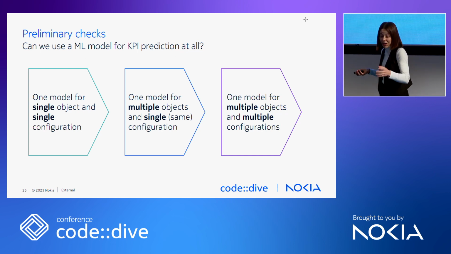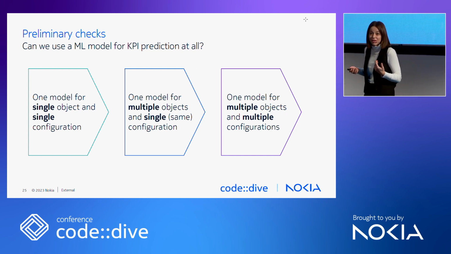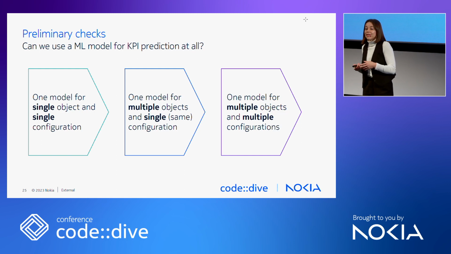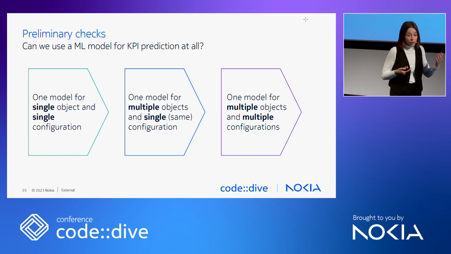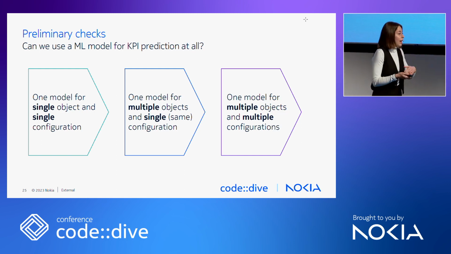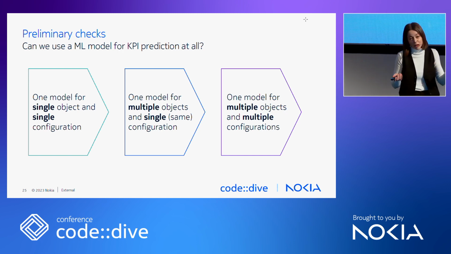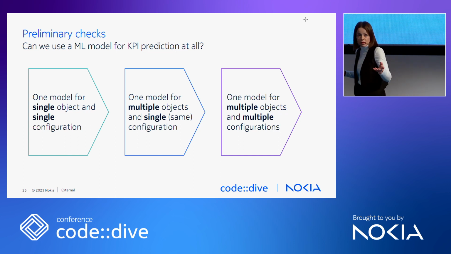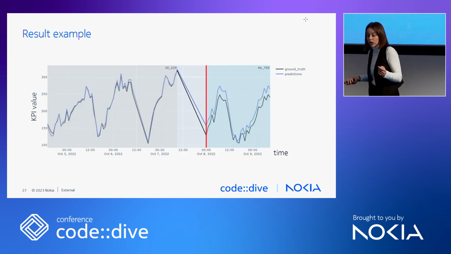Okay, so now I hope I managed to convince you that we can actually trust the error, that we can model this particular KPI, and that our experiments were well designed and our methodology was correct. So what about some results? Here's one example.